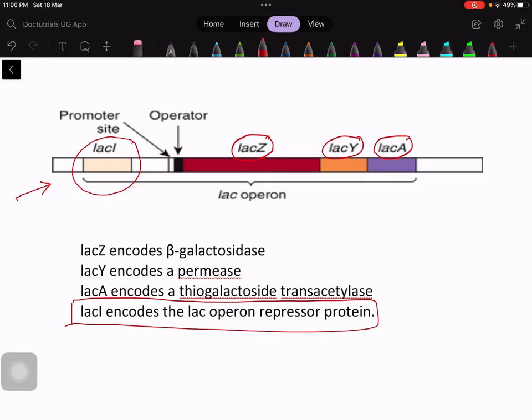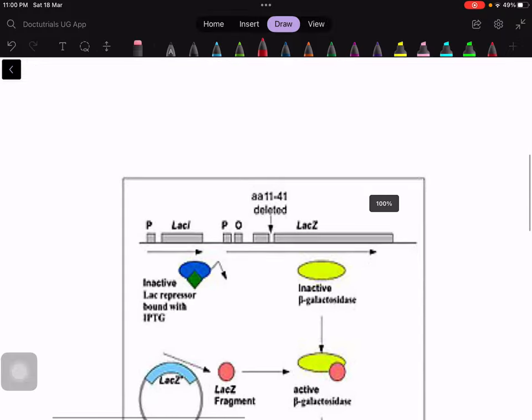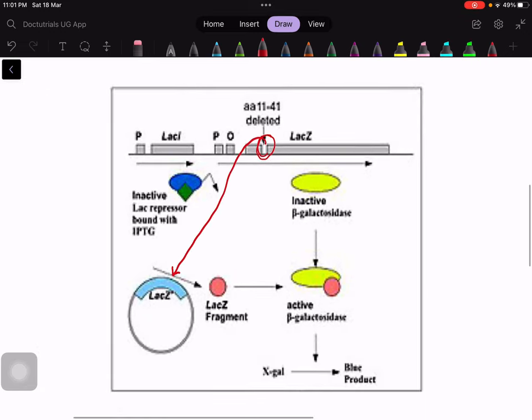Now, in genetic engineering, we use a modified Lac Operon where we take out a small part of this Lac Z gene, not exactly a cut. We take out a small part of this Lac Z gene and put this small part into a plasmid.